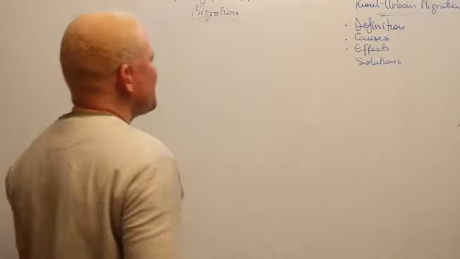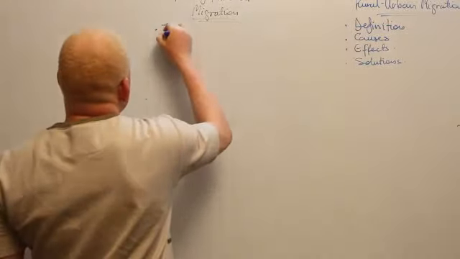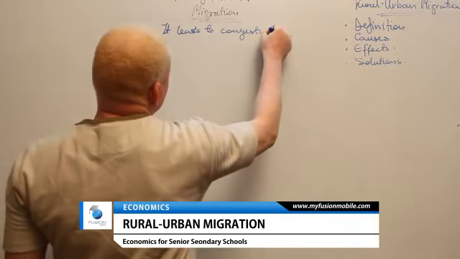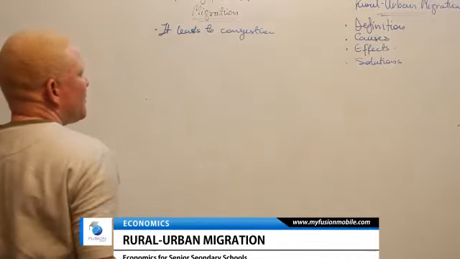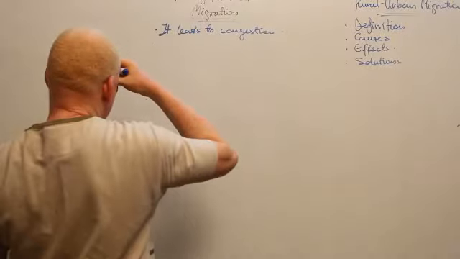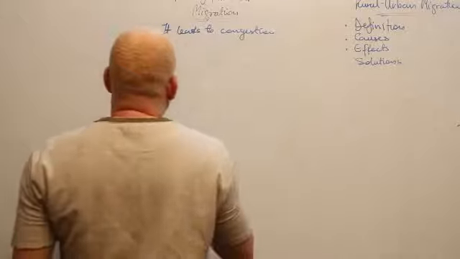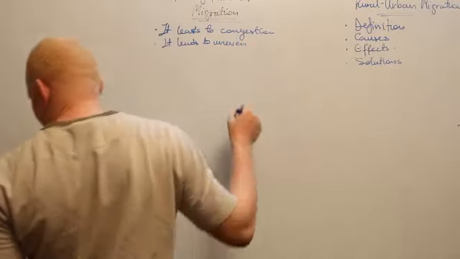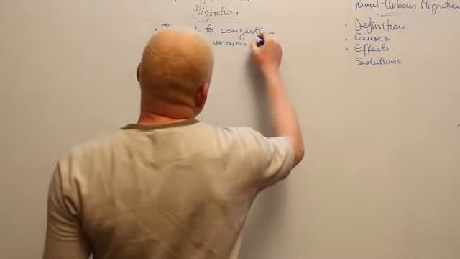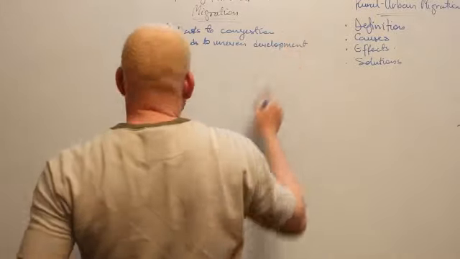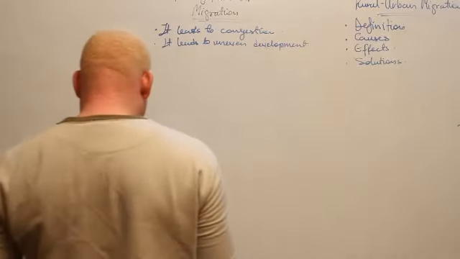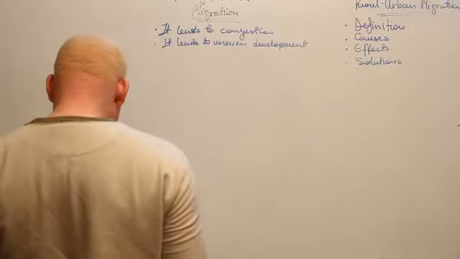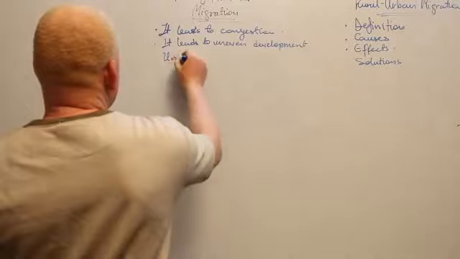Effects of rural-urban migration. First of all, one is that it leads to congestion in the urban areas. Number two, it leads to uneven development. Number three, uneven distribution of population.